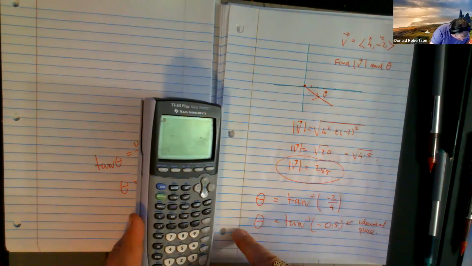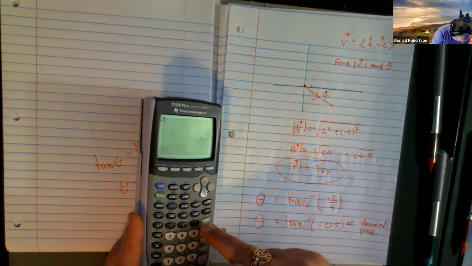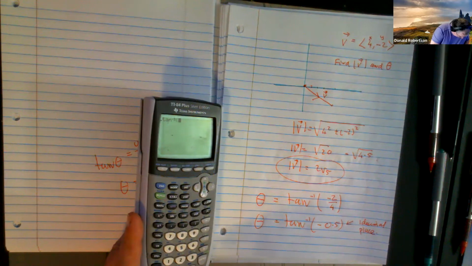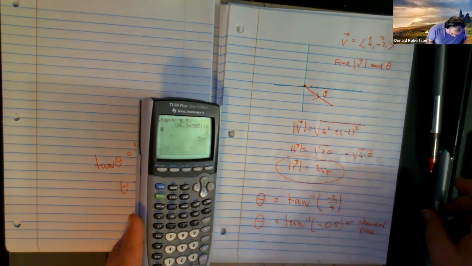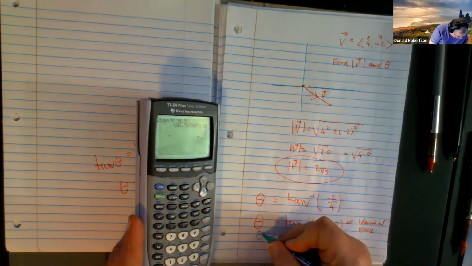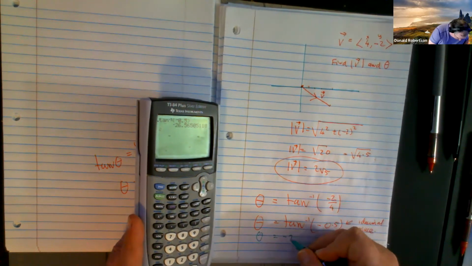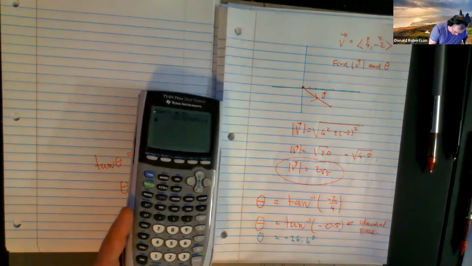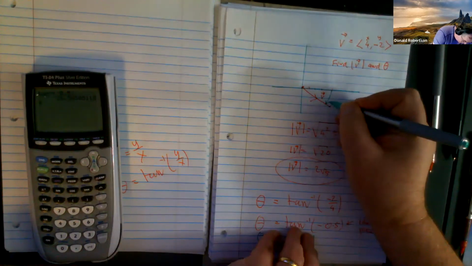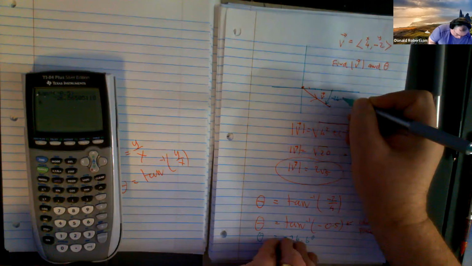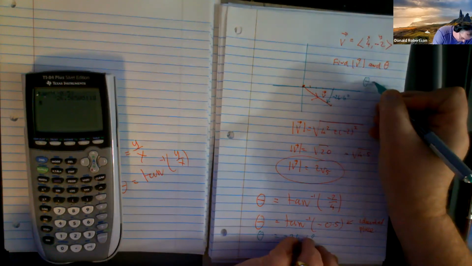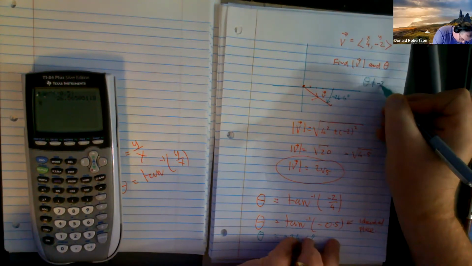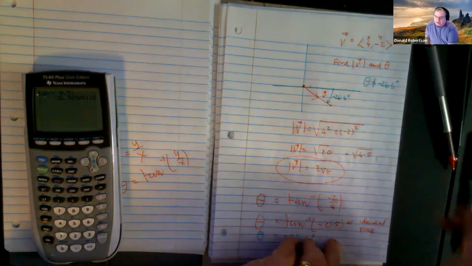And then I'm simply just going to go inverse tan. But do not be surprised if the answer you get is not the answer you were hoping to see. Do you see that this answer is a negative number? It's -26.6 degrees, which kind of makes sense. Would you agree? -26.6 degrees would mean that, wouldn't it? But that is not theta. That's not to be written down as the answer that the calculator gives you.